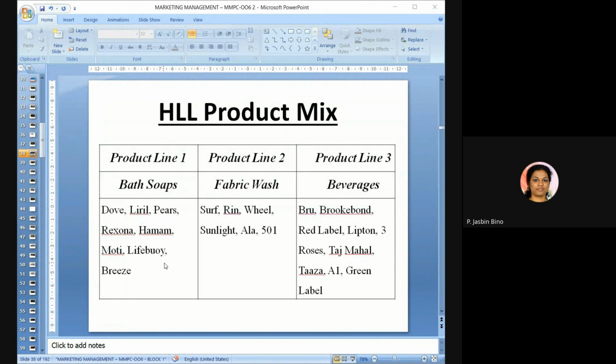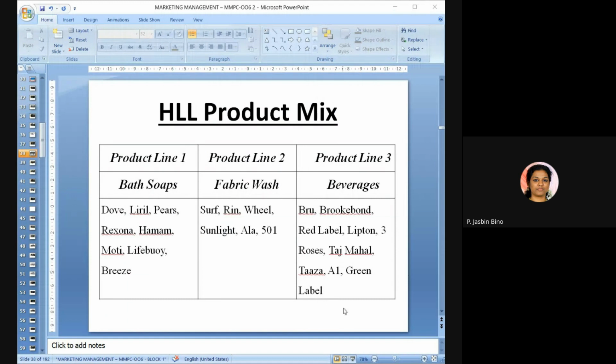These are the different products offered in the same product line. In the second, the fabric wash line of the same company, Surf, Rin, Wheel, Sunlight, Ala are all the products offered. Third, the beverages offered by that company: Brooke Bond, Red Label, Taj Mahal, Lipton, Three Roses are all the products offered in the beverages product line.